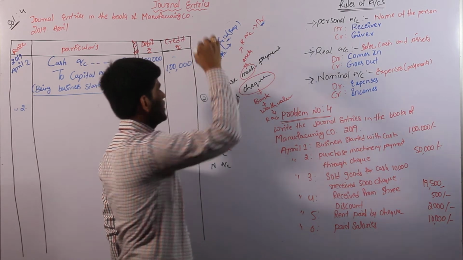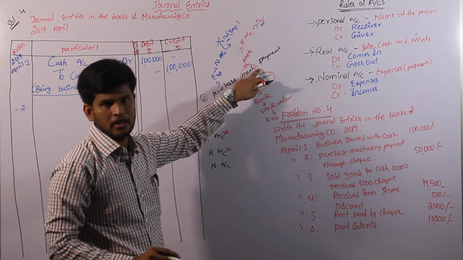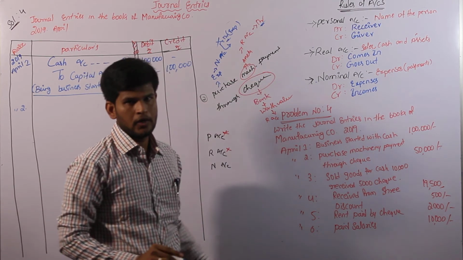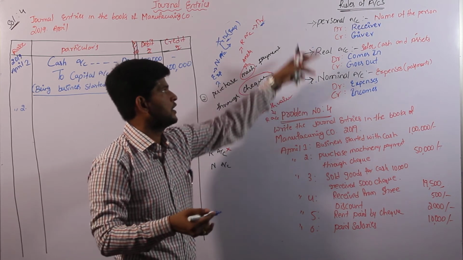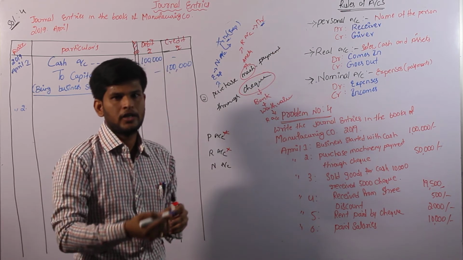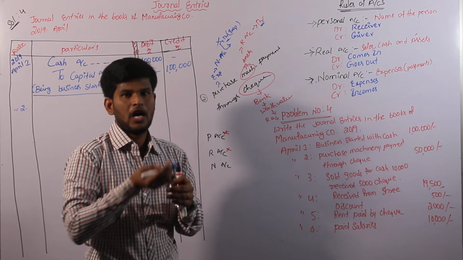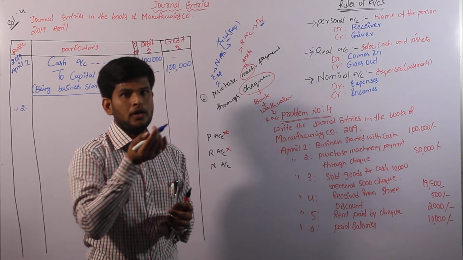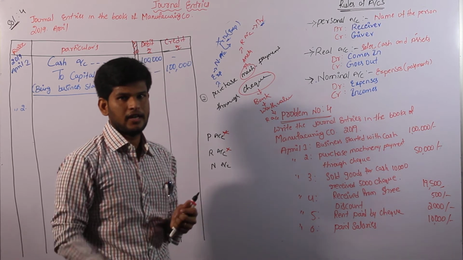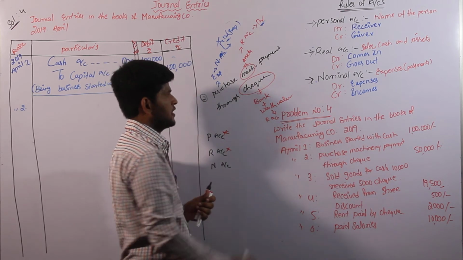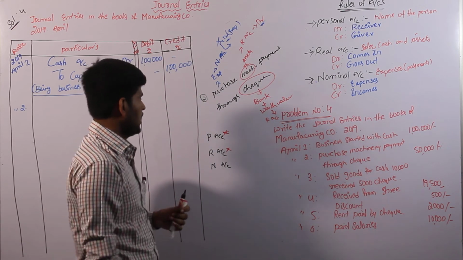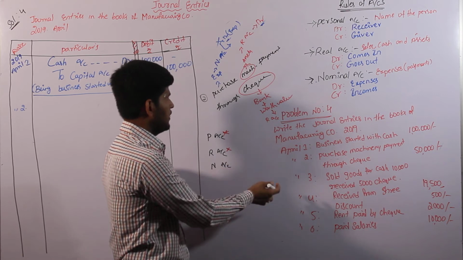Now I am cancelling the purchase and considering the machinery according to the rule of real account. According to the rules of accounts, if any transaction has multiple debits, we give first preference to any asset in our transaction. That's the reason I am taking the machinery as the debit side.